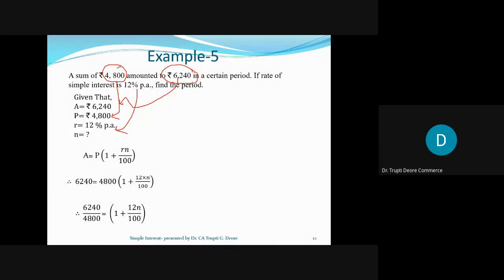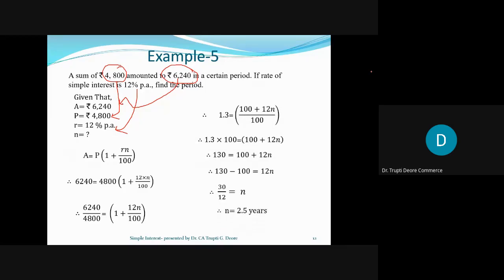Yes, 2.5. Write the answer: the period is 2 years and 6 months, or the period is 2.5 years, whatever you want to write. Okay? We'll go for the next sum.